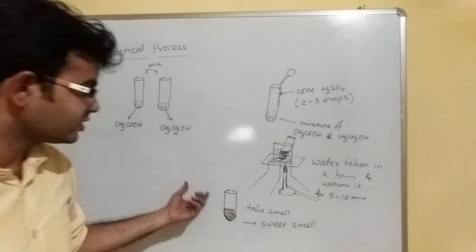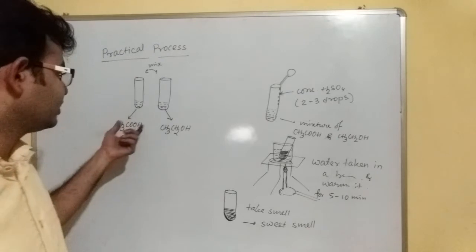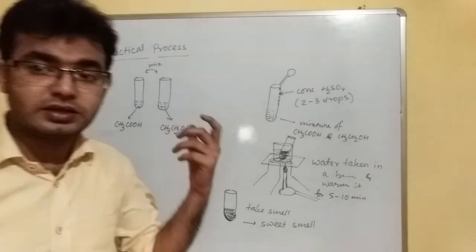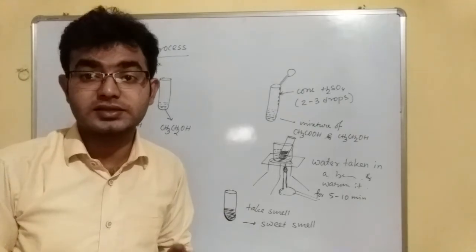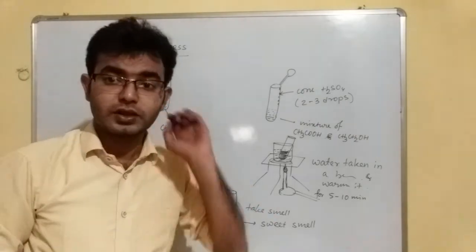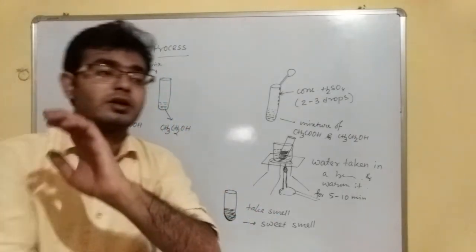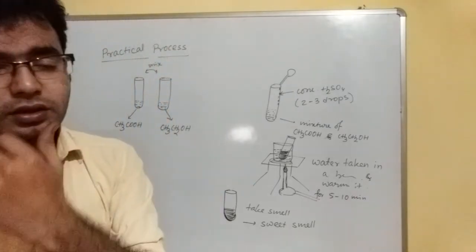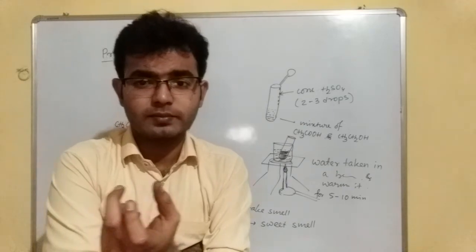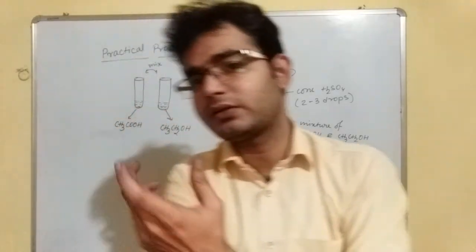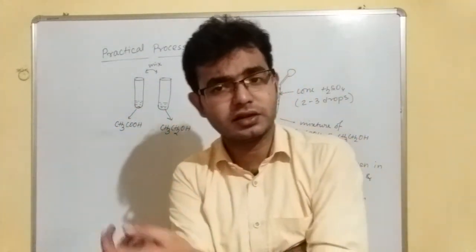So by this process we can identify whether it is ethanoic acid, I mean acetic acid, or actually it is carboxylic acid or not. Okay, so suppose आपको ऐसा क्वेश्चन दिया गया है कि आपके पास दो टेस्ट ट्यूब है, one of the test tube contain ethanoic acid and another contain the alcohol.